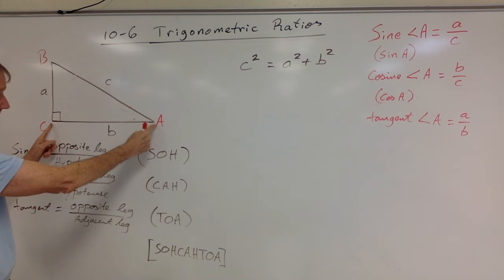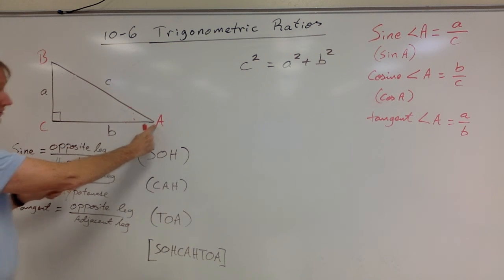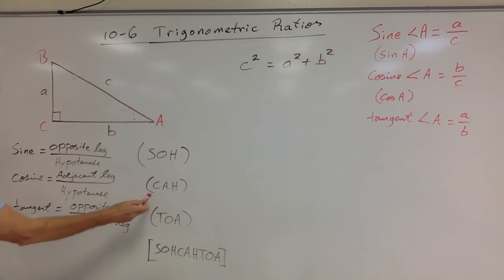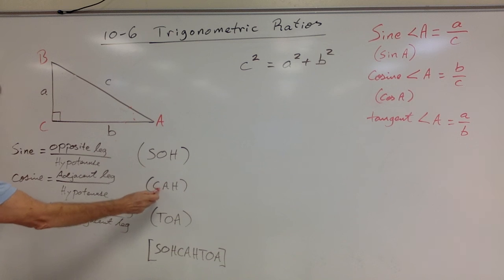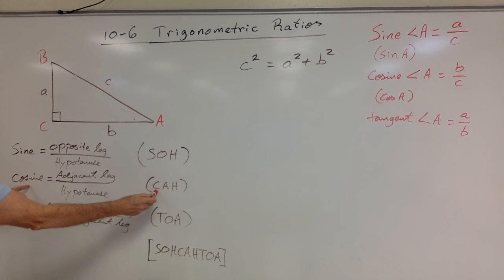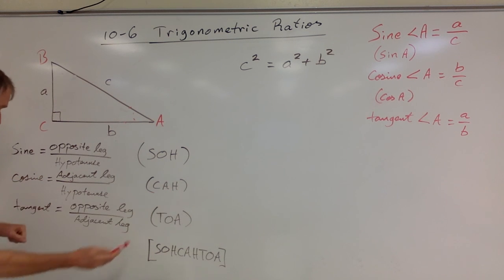Hypotenuse always touches it, but the one that touches it, which is length B, the adjacent side, all over the hypotenuse. We can abbreviate that CAH. So CAH, that's the C cosine, A adjacent, H hypotenuse.